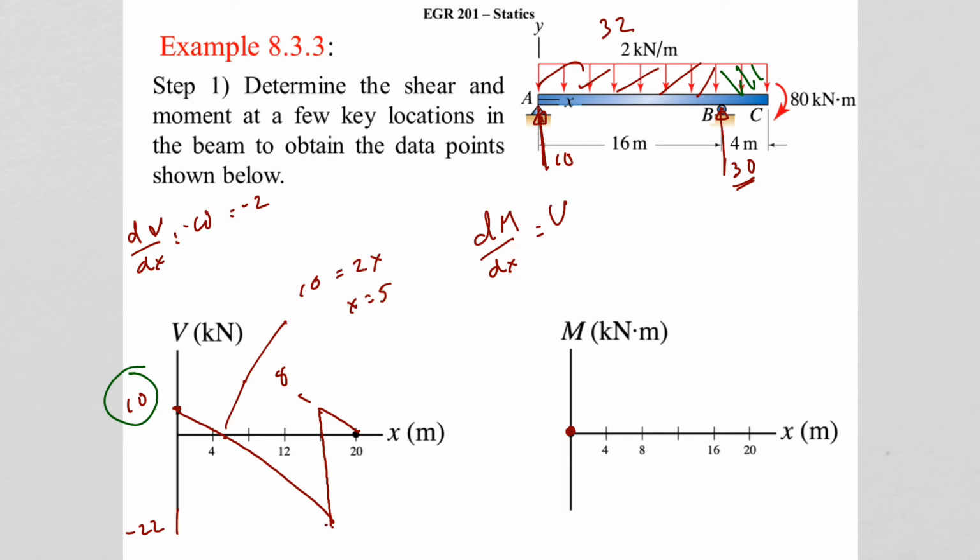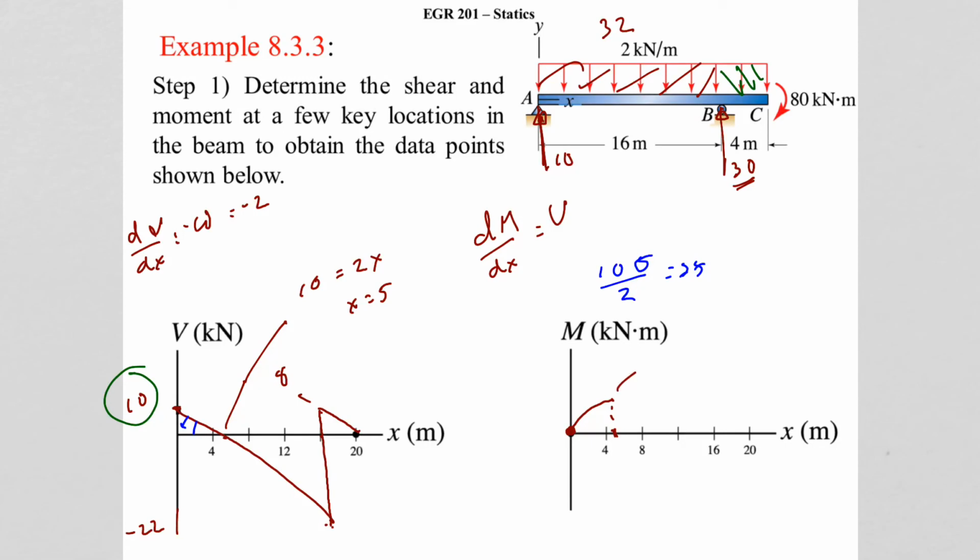So 5 is where this thing will cross or peak for us. That max value is the area under this part of the curve, with a height of 10. So one half base times height, 5 times 10 divided by 2, should equal 25. So it's going to go up to a value of 25, and then it's going to come down.